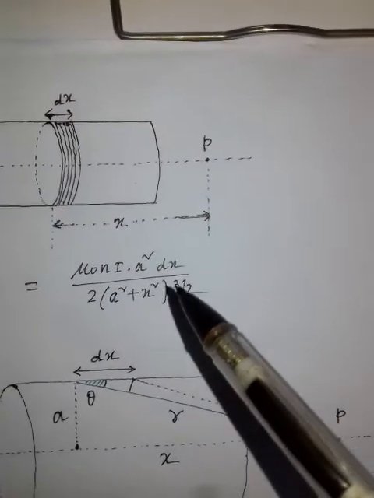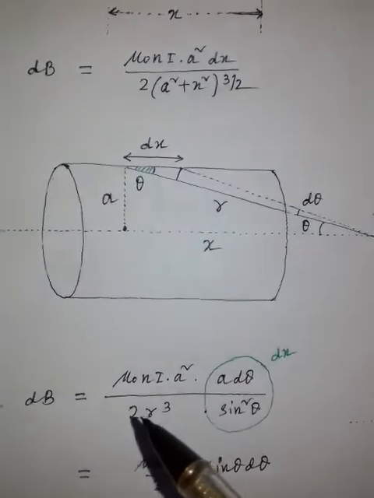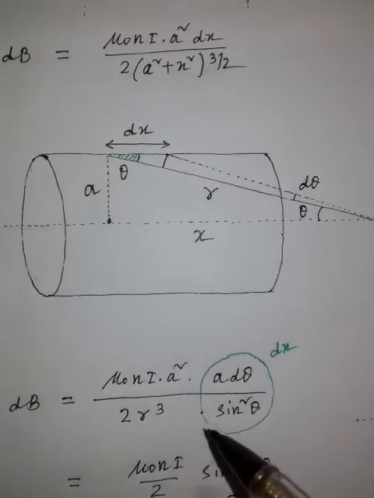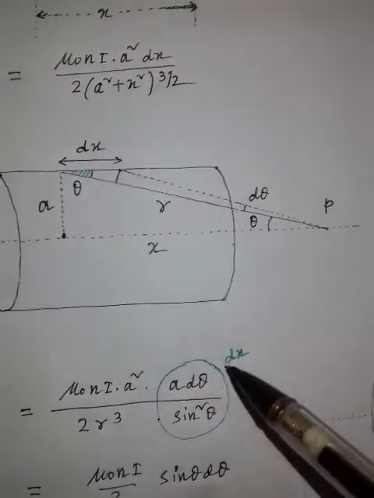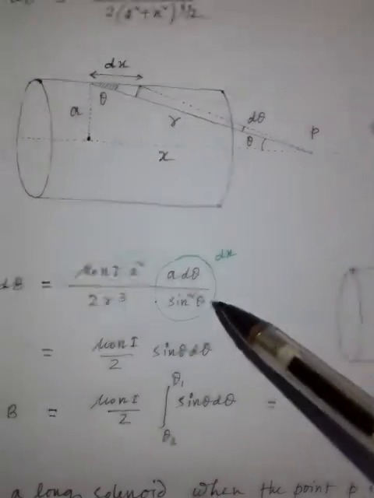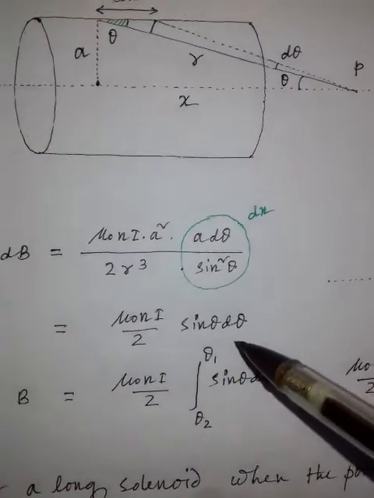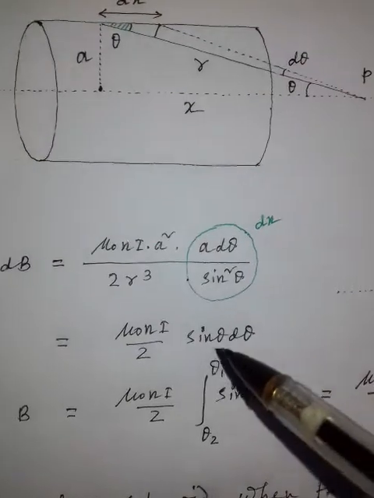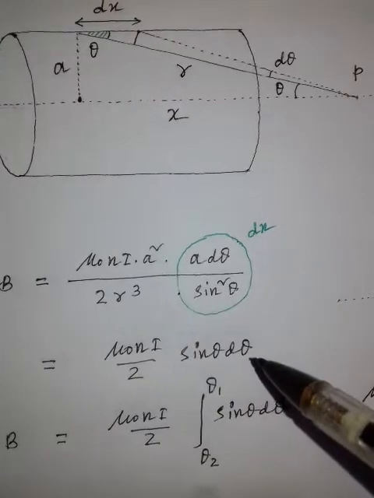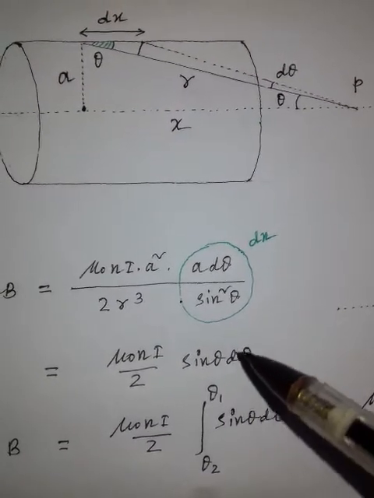If we replace these dx and sine theta values, we get dB as mu naught ni a square a d theta divided by twice r cube sine square theta, where a d theta by sine square theta is the term dx, which gives mu naught ni by 2 sine theta d theta. Now the integration is very simple, which becomes an integration of only one variable, theta.